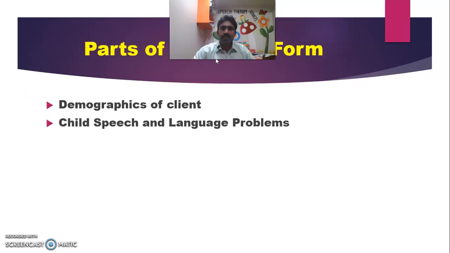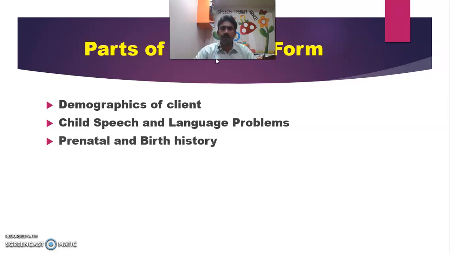The other is where the therapist asks the child's parents and caregivers about the speech and language problems of the child, whether he has speech language issues or other, whether he speaks at single word or two word or sentence level, or communicates with gestures and other ways. So you should write down on your history form what is described by the caregiver and parents.